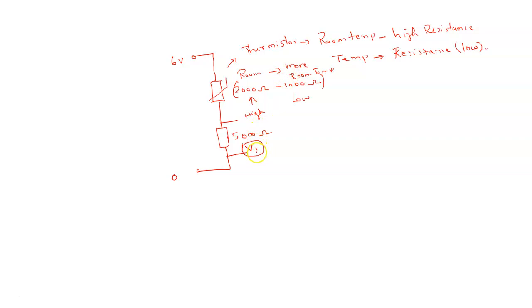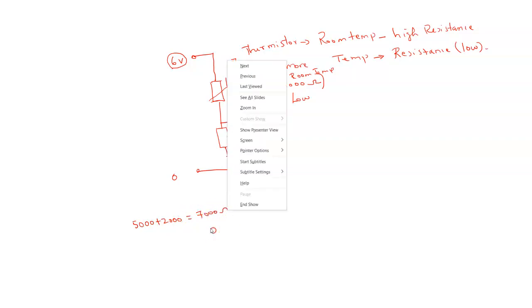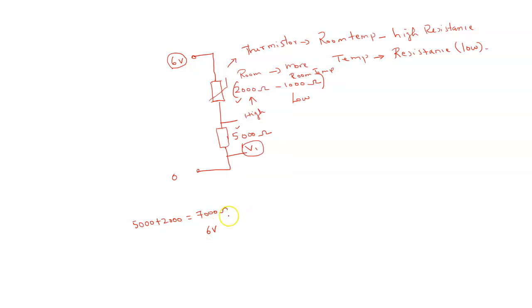How does it affect? Do you think it will take the same voltage before and after? No, of course not. Because the total available voltage is 6 volts, and here the 5000 and 2000 will be dividing the total voltage, right? First you add both: 7000 ohms. What is the available voltage? 6 volts. Cross multiplication.